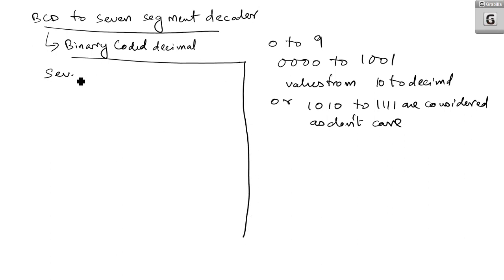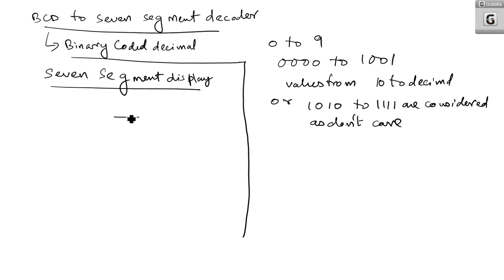Now, next one is the 7-segment display. What is done by a 7-segment display? If you are looking at your calculators or your computer systems or your mobiles, you can see that while representing a number, each number is represented using 7 segments. So I will draw that, 7 segments or 7 LEDs in the form of a segment format.